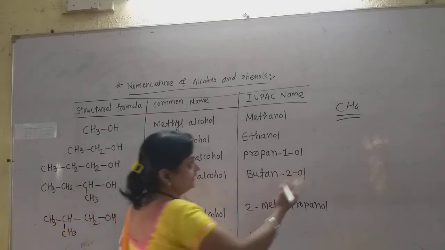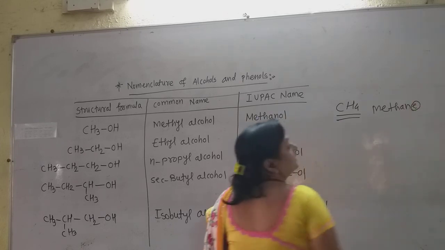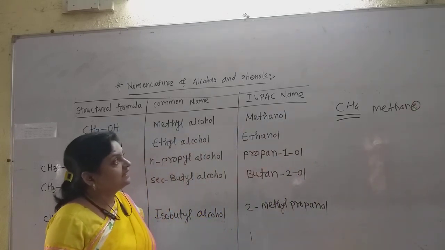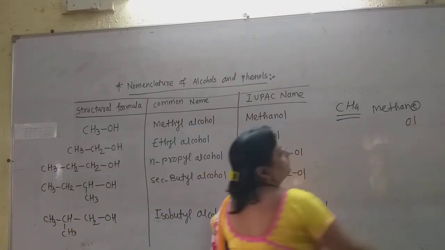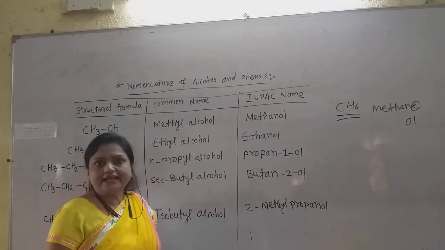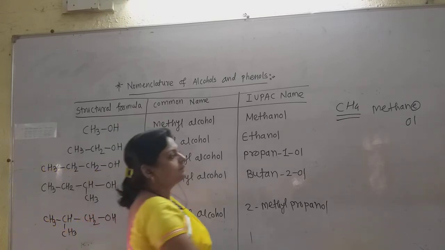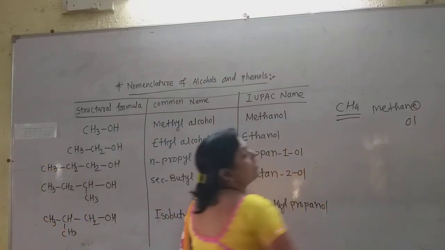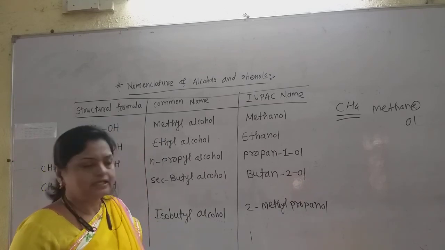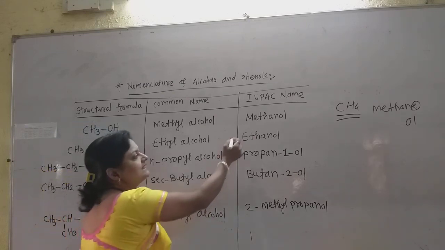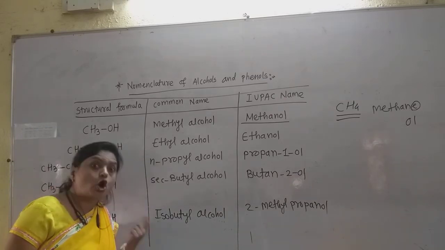For the IUPAC name, replace the suffix E of the alkane by the suffix OL. If we replace the suffix E of the parent alkane by OL, that becomes methanol. So the IUPAC name of this simplest alcohol, methyl alcohol, is methanol.